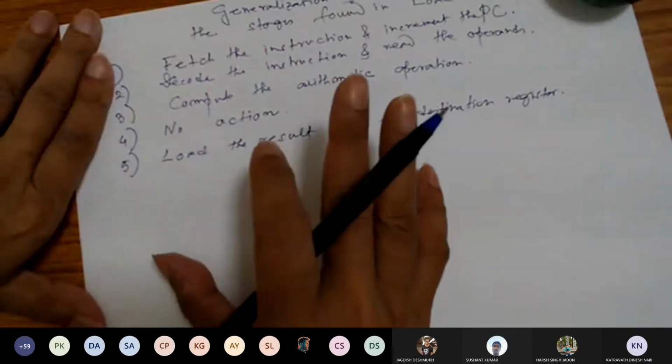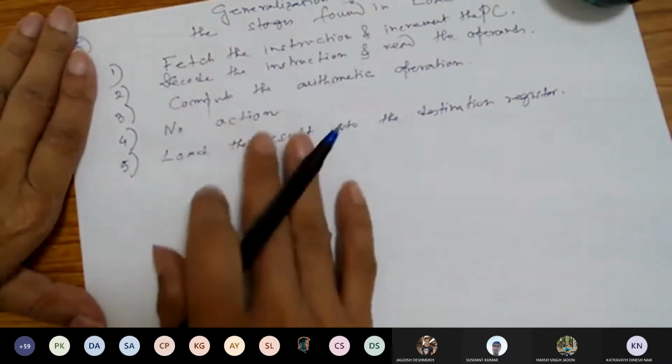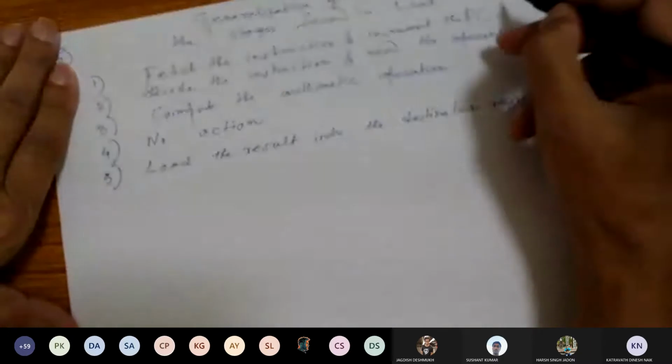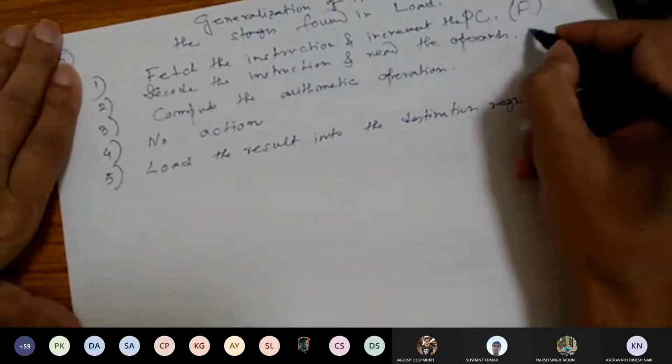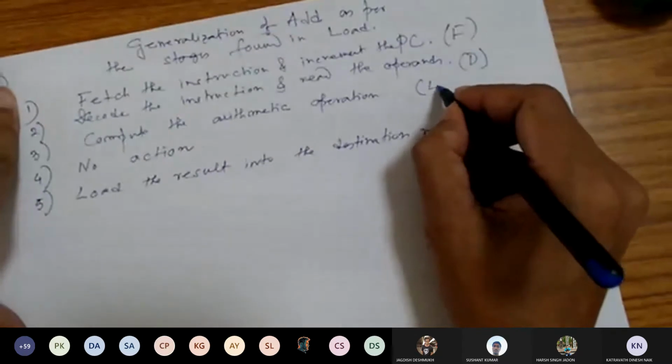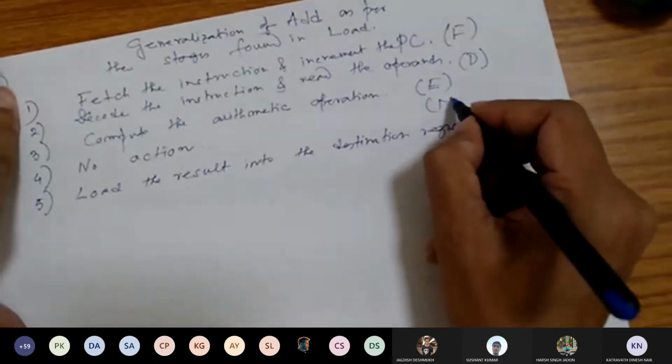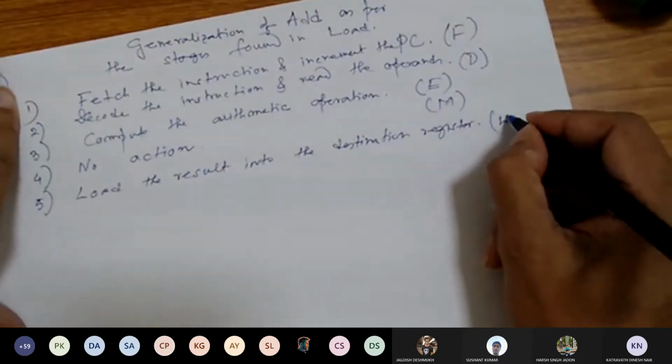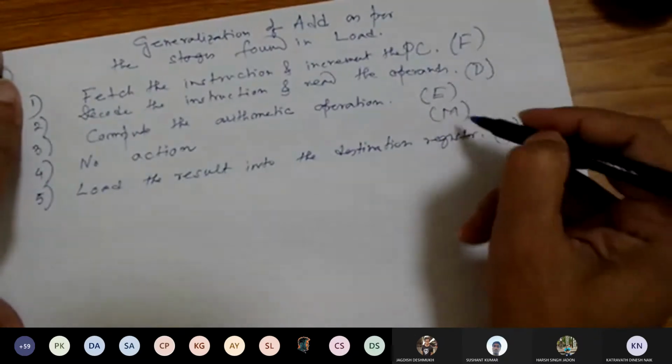So do you agree with me now with these 5 stages? Now this is fetch, this is decode, this is execute, this is memory, this is write back. FDEMW.